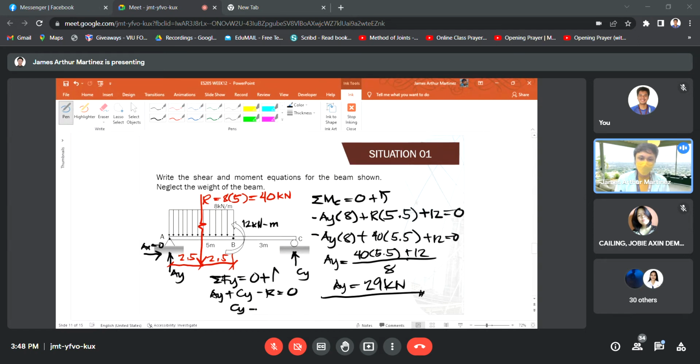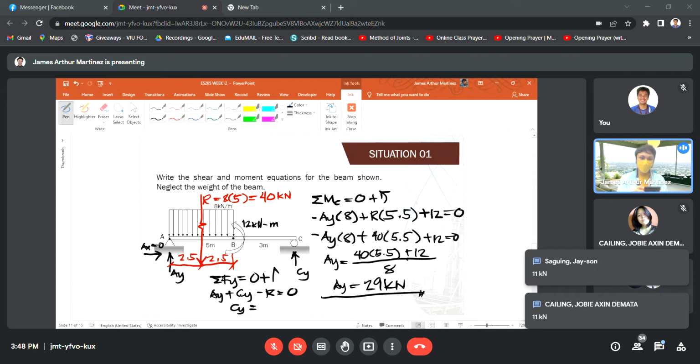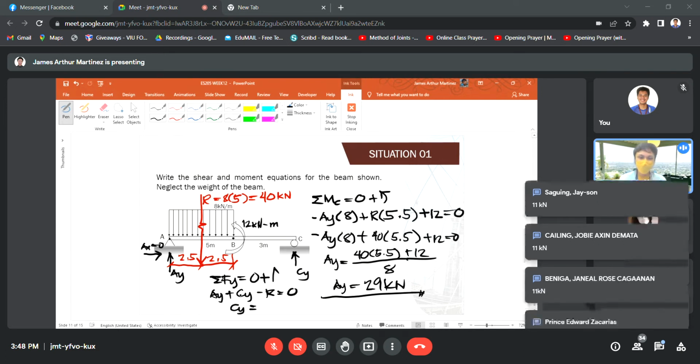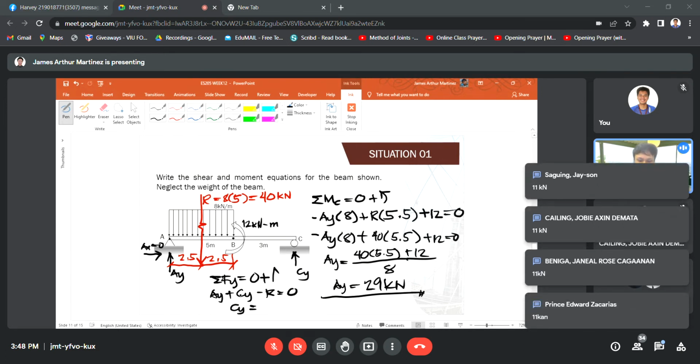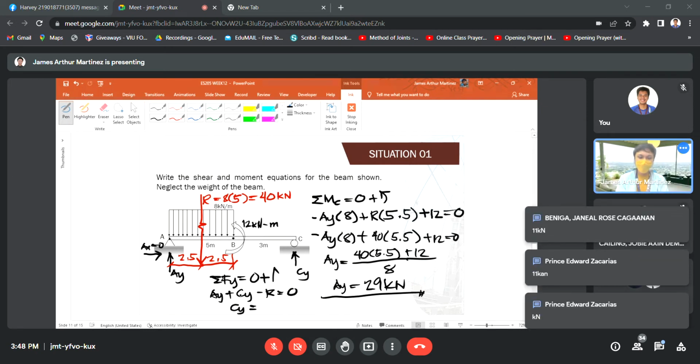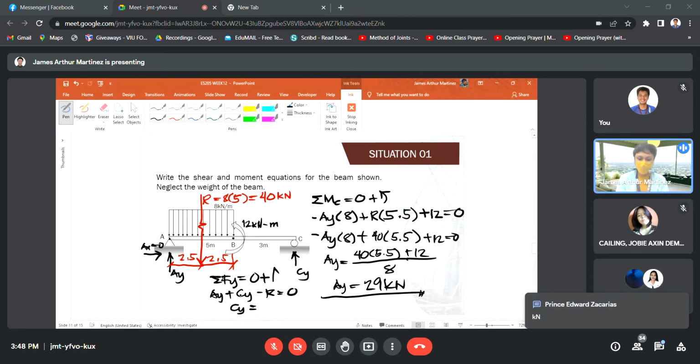We can now compute CY. And how much is CY? If AY is 29, then R is 40. So that would be CY minus 11. If we transpose the 11 to the right side of the equation, then we have a positive value for CY, which is 11 kilonewton.